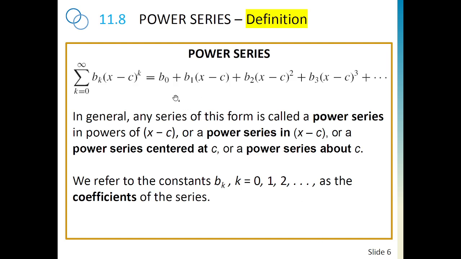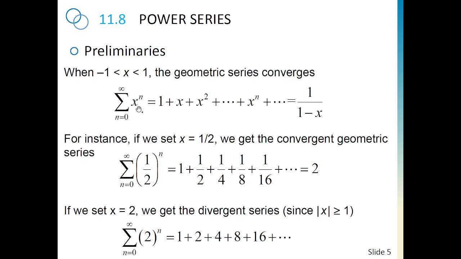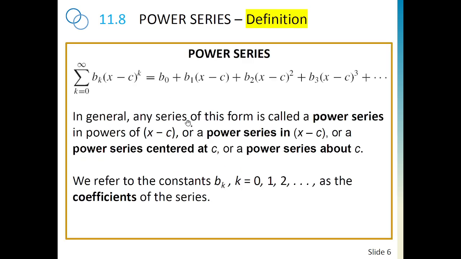Here is a general form of a power series. You see the difference is that I had x to power n, and now we have x minus c to power k, or to power n. So essentially this is a little bit more general, and the c is a number, obviously, and it's called the center of the power series. So here the center is c.